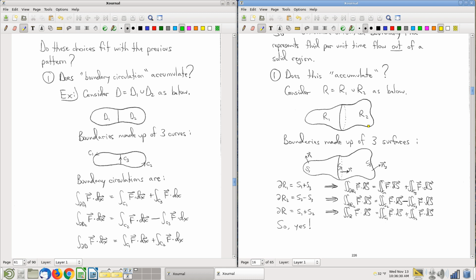The way this edge behaves versus this face when you're computing circulation, counterclockwise circulation over there versus outward-oriented boundary flux over there.